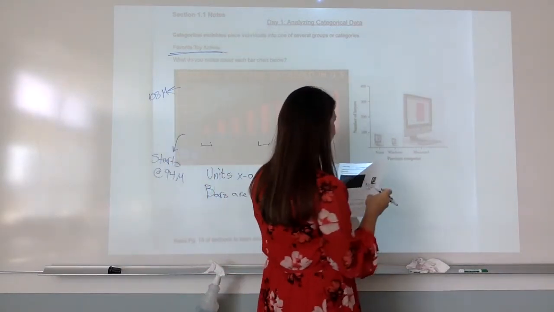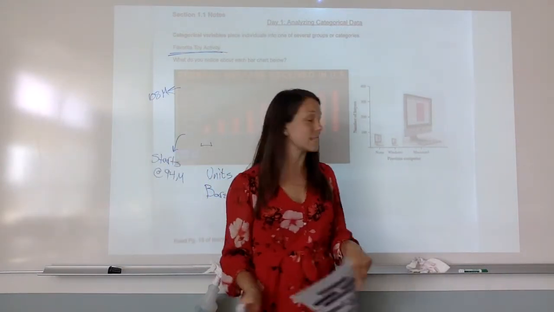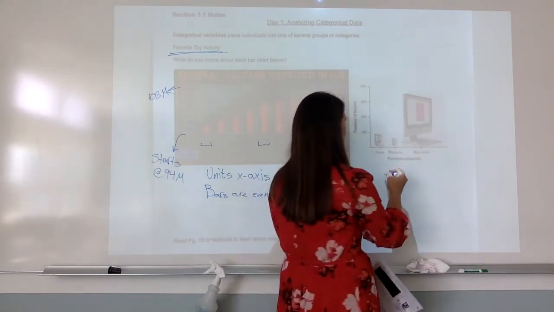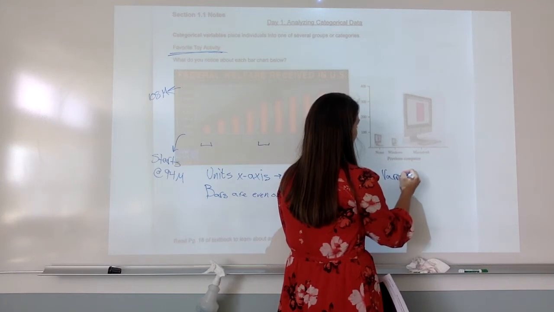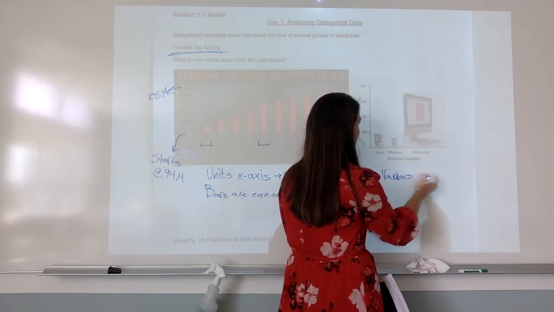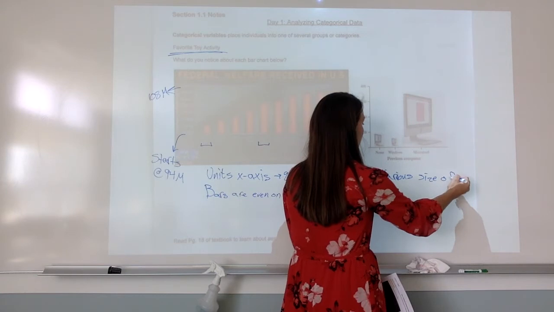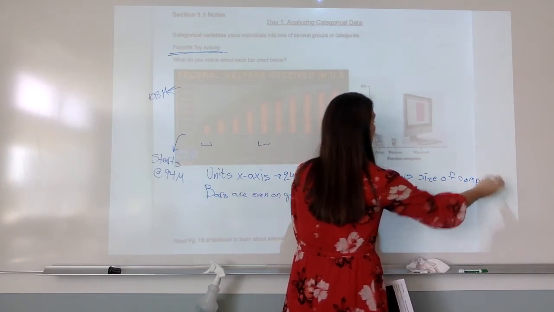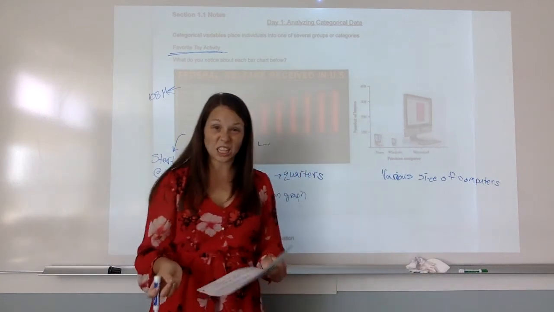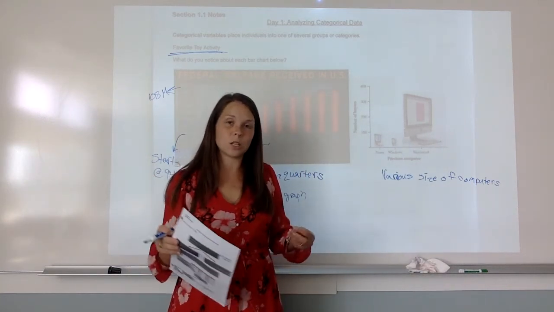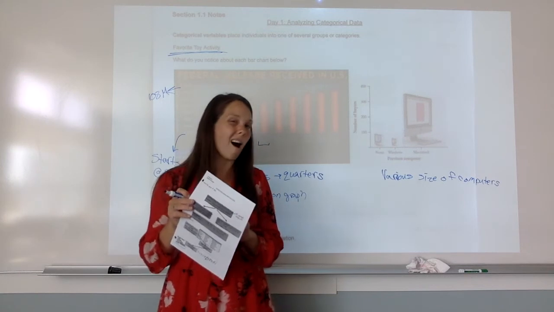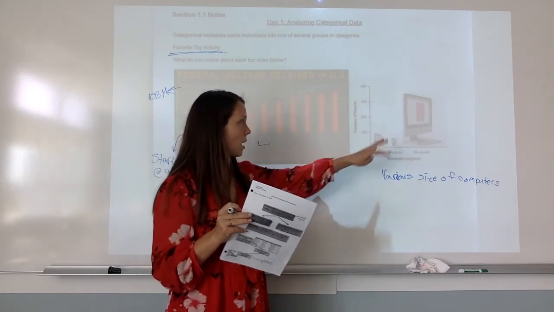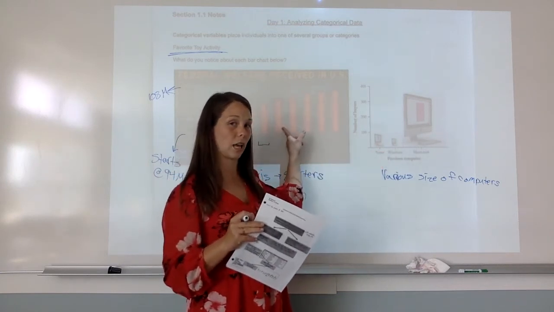The biggest thing that stands out to me on this side is that they're using various sizes of computers. The reason that's an issue, or kind of deceiving, is because the surface area of an object is a lot harder to wrap our heads around versus just a bar like this.